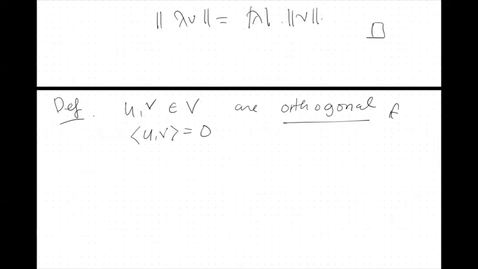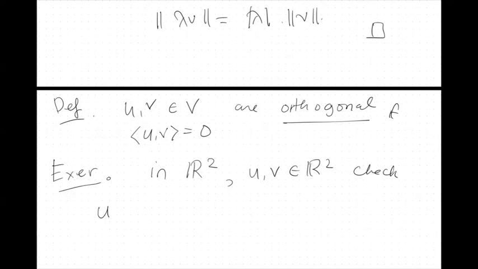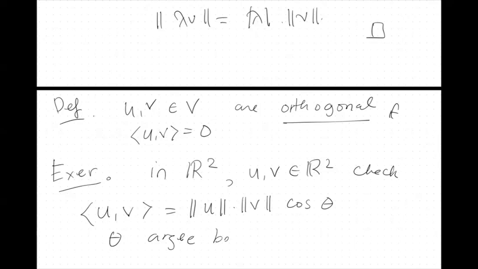And as an exercise, this is also already done in calculus. For u and v in R2, check that the inner product of u and v is just the norm of u times the norm of v times cosine of theta, where theta is the angle between u and v in R2.